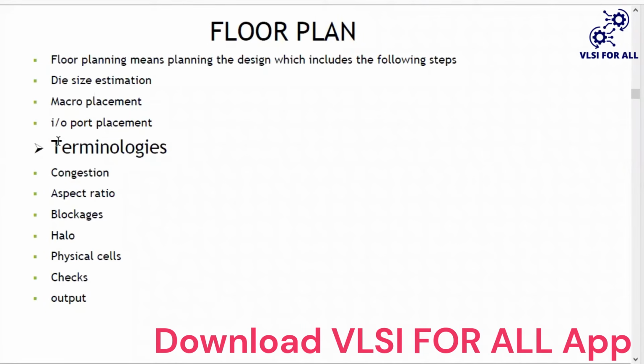Blockages: how many types of blockages our design requires. Halos: what halos need to be added. Physical cells: what types of physical cells we can add. Checks are nothing but some sanity checks. Output is nothing but the floor plan output. How it will be performed.